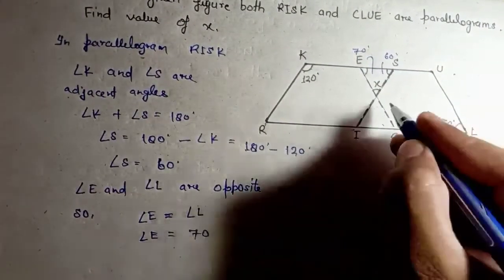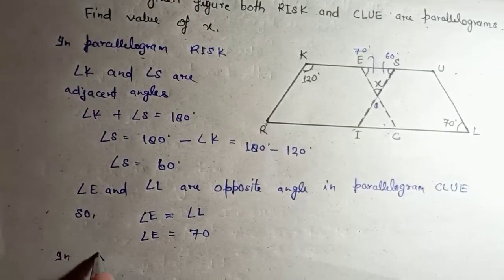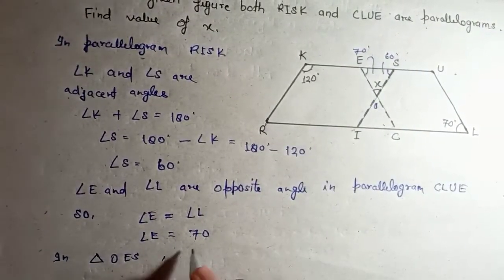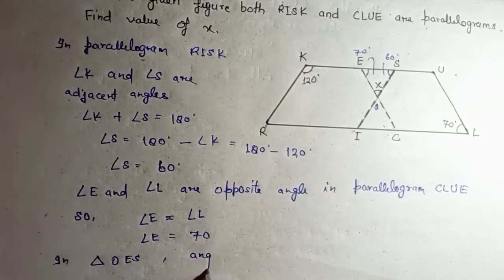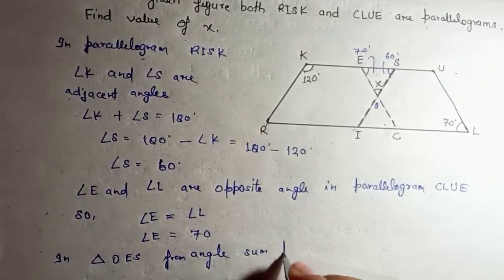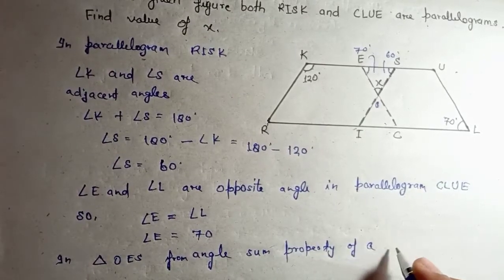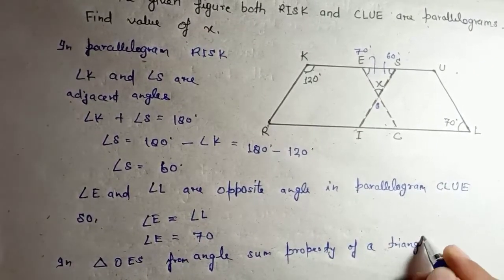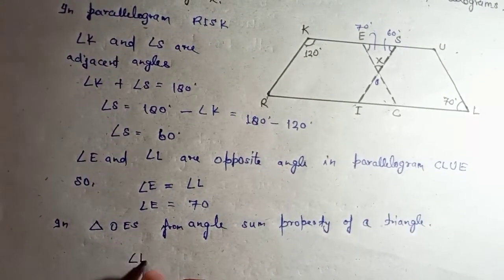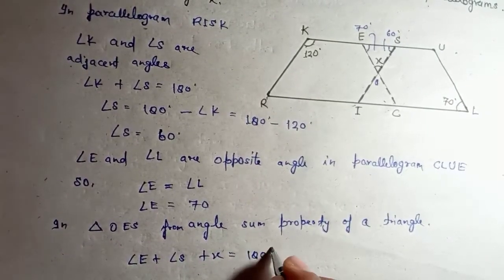Now if it is the point O, so in triangle OES, from angle sum property of a triangle, we have angle E plus angle S plus x is equal to 180 degree.